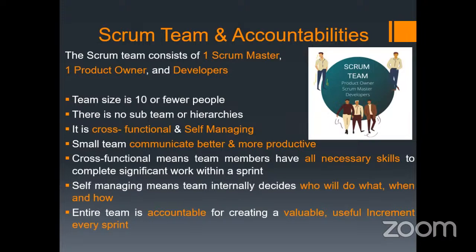Team size is 10 or fewer people. Team size never exceeds 10 members. There are no sub-teams or hierarchy. It is cross-functional and self-managing. A small team communicates better and gives more productivity.